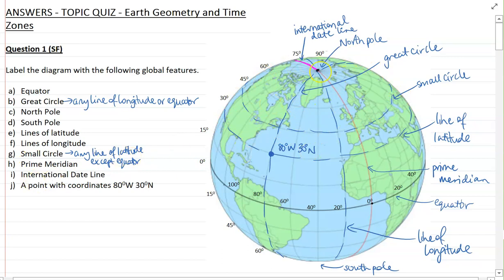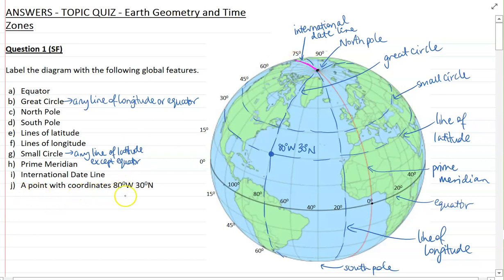Prime meridian, this is at 0 degrees longitude. And international date line is on the other side of the prime meridian. And that's where we change days.